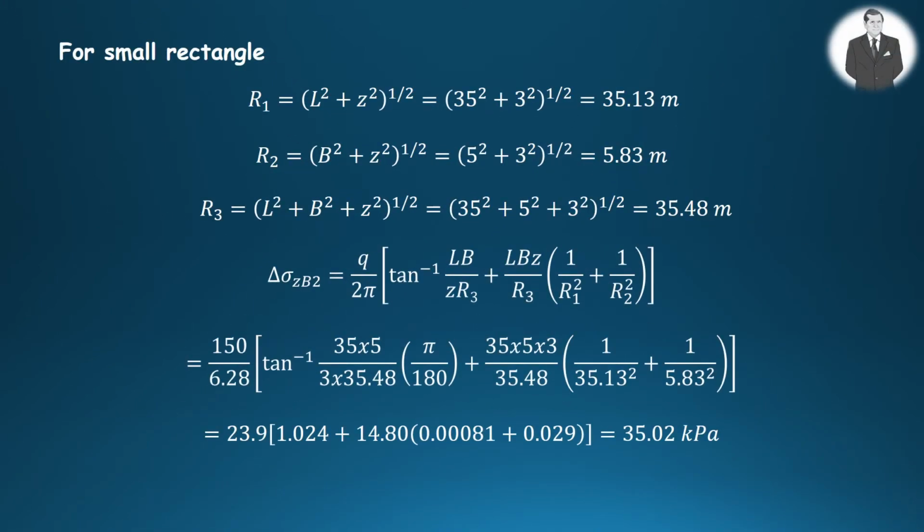If we follow the same procedure for the small rectangle, we obtain the stress increase at point B as 35 kilopascal. As emphasized earlier, the difference between the two values will give us the stress increase at point B, which is outside of the mat foundation.